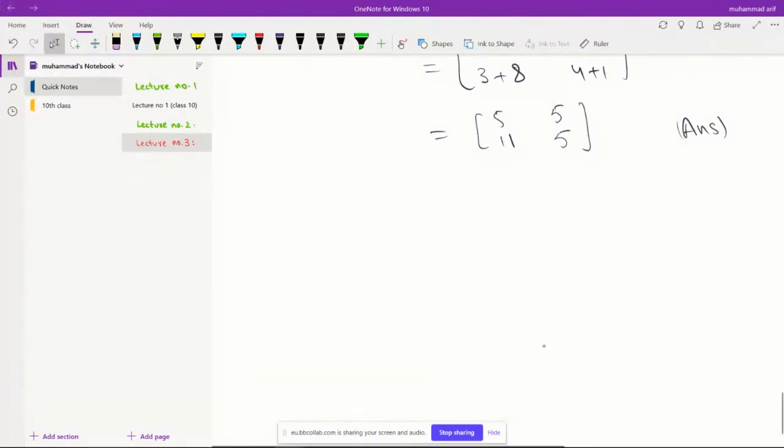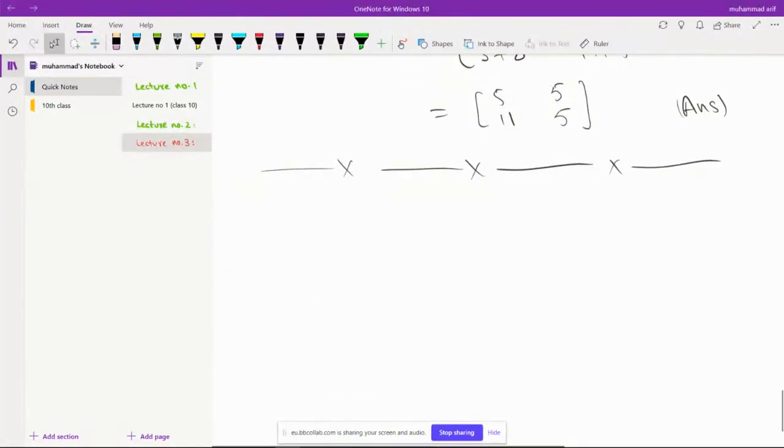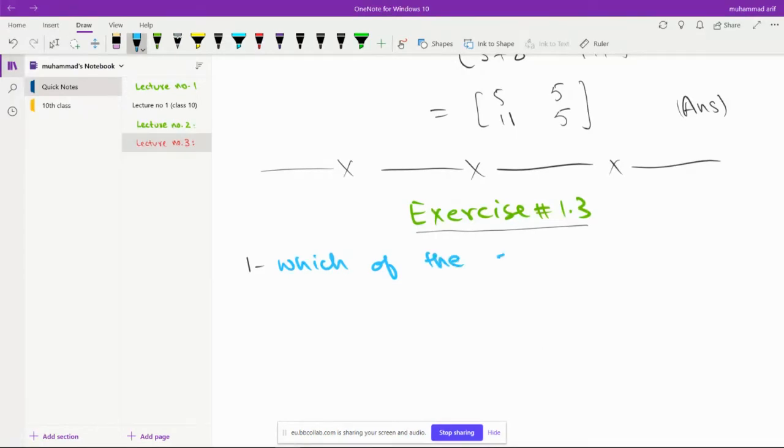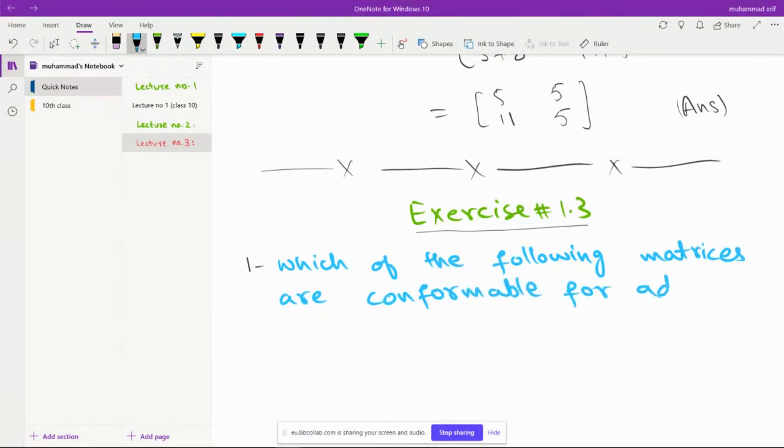In exercise 1.3, the first question is: which of the following matrices are conformable for addition?